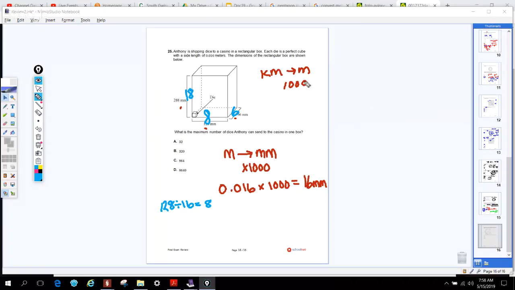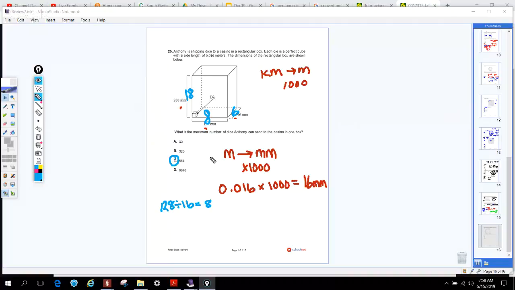So now all of this is probably a DOK3. All of this is now what we multiply together to get the volume. So I'm going to do 18 times 8 times 6, and we get 864.